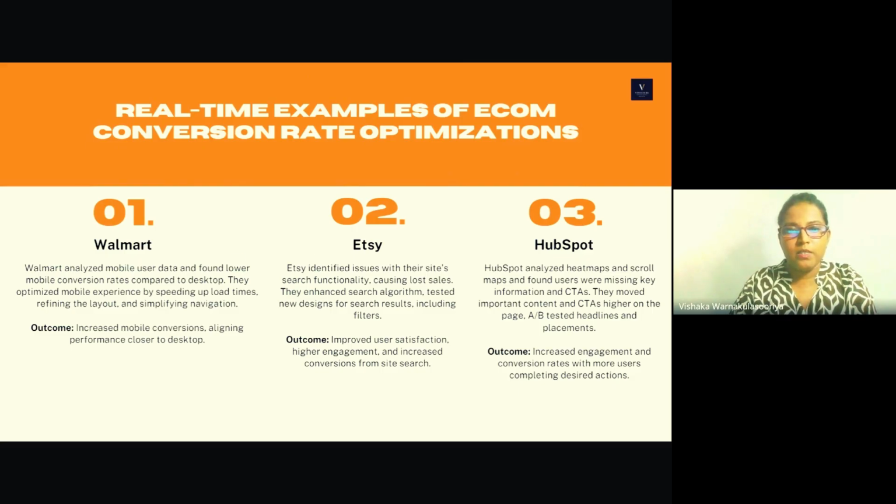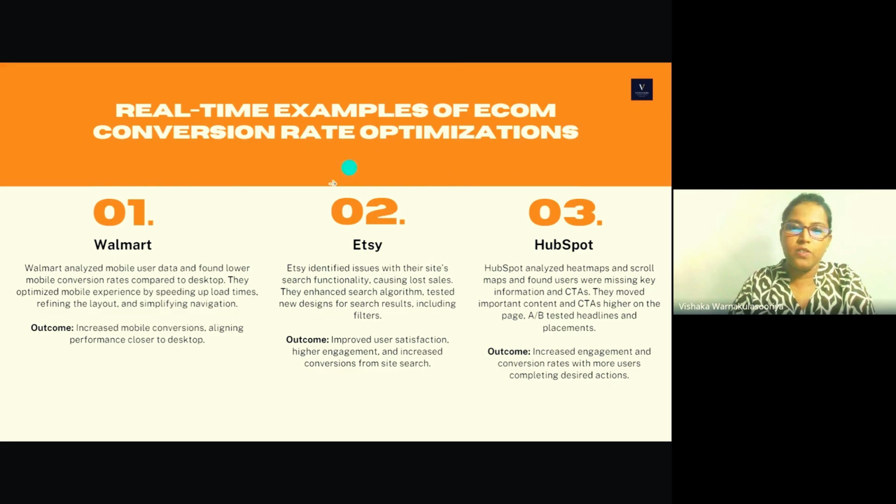And Etsy is the other example. Etsy's issue was something else. They identified that they had certain issues in their search functionality. Basically, if the visitor cannot get the desired products via the search functionality, then they will drop off at that stage. So Etsy had that issue, and they lost their sales because of the issues in the search functionality.